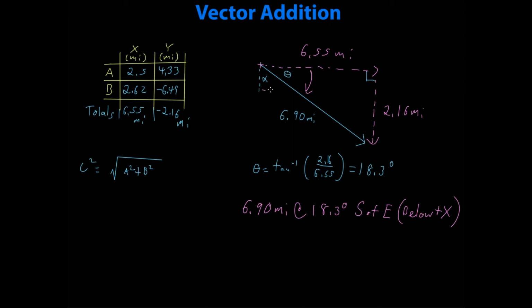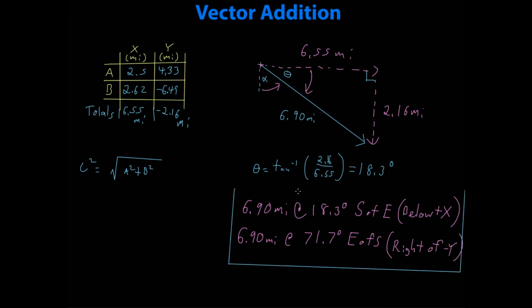This could also be written off the south axis, which means it could also be written as 6.90 miles at 71.7 degrees east of south, or right of the negative y-axis. Either of these answers would be correct.